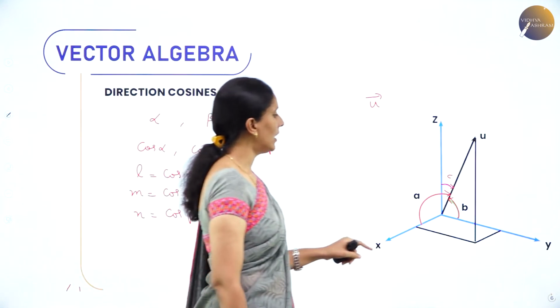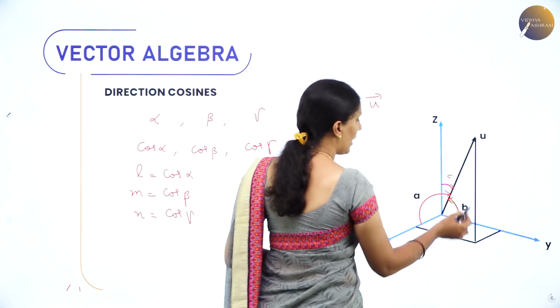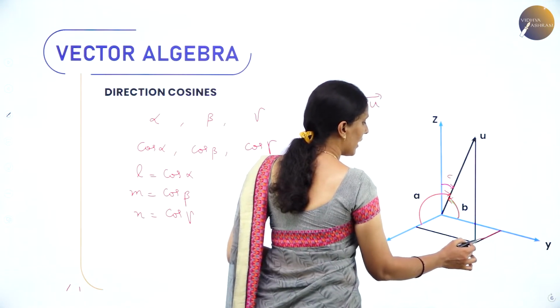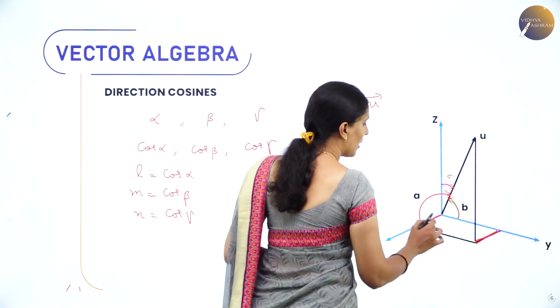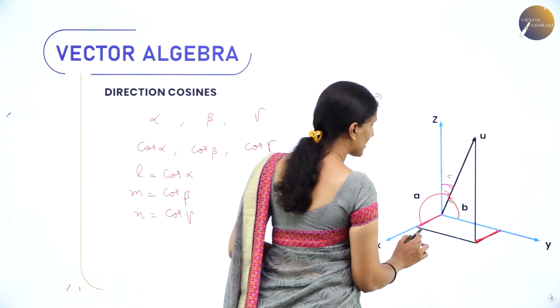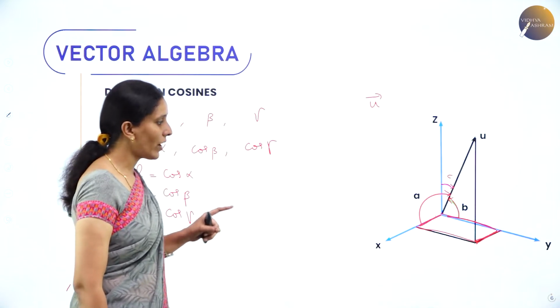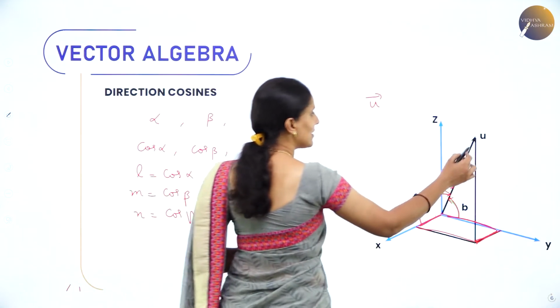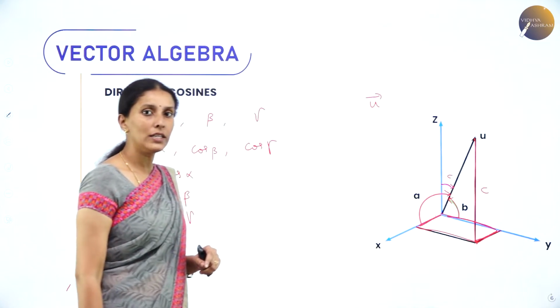Now, the distance of a line from the x-axis can be taken as A, since it is parallel to this line. The distance to the y-axis is parallel to this line, which can be taken as B. And this distance here can be taken as C, since it is parallel to the z-axis.